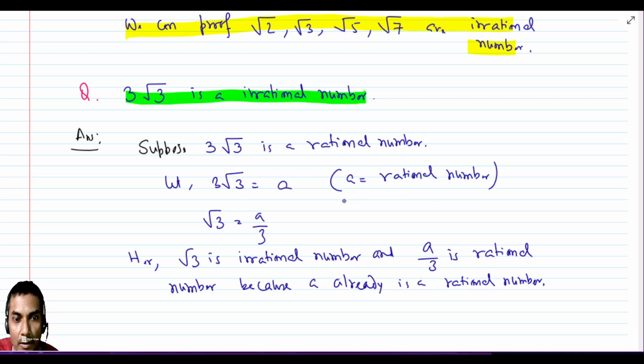Our assumption is that it is a rational number, so a by 3 is also a rational number.